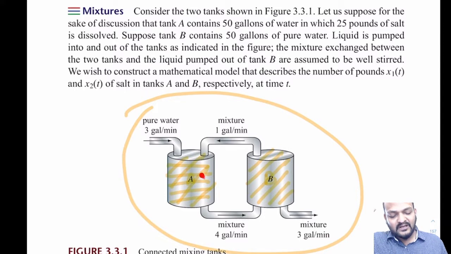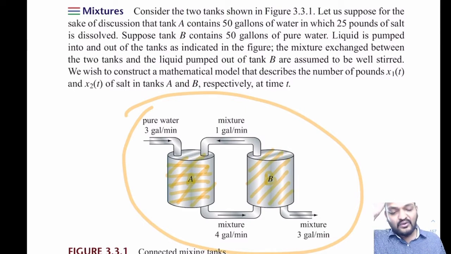So the amount of salt in tank A is going to go lower and lower, because it's also sending it over here. Tank B has no salt at all, but the mixture from tank A that already has salt is coming into it. Therefore, in tank B the amount of salt is going to go up, and in tank A the amount of salt is going to go down.